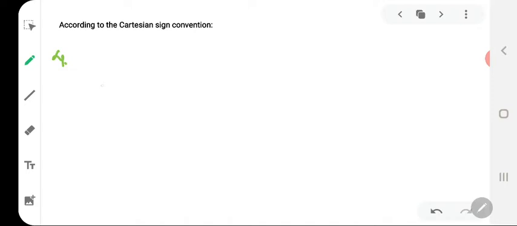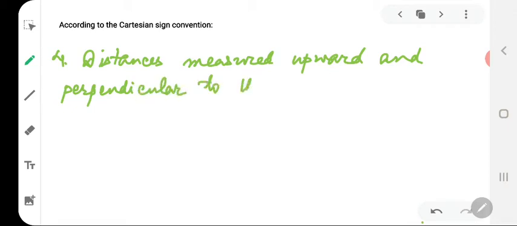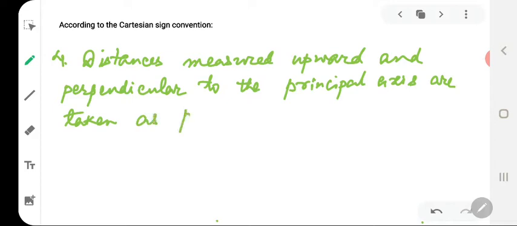Fourth rule: distances measured upward and perpendicular to the principal axis are taken as positive.